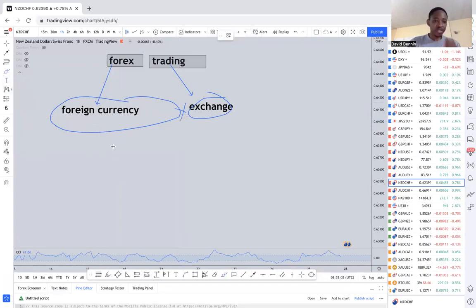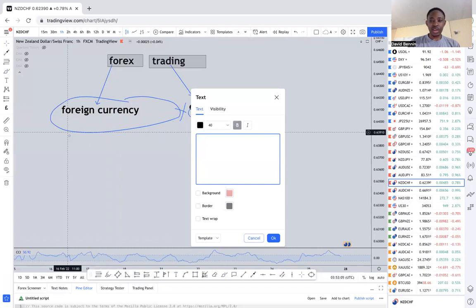The currencies that you can trade, we have 8 main currencies.